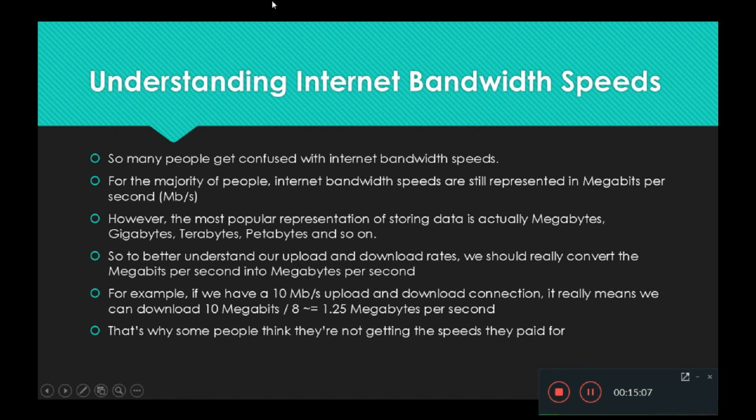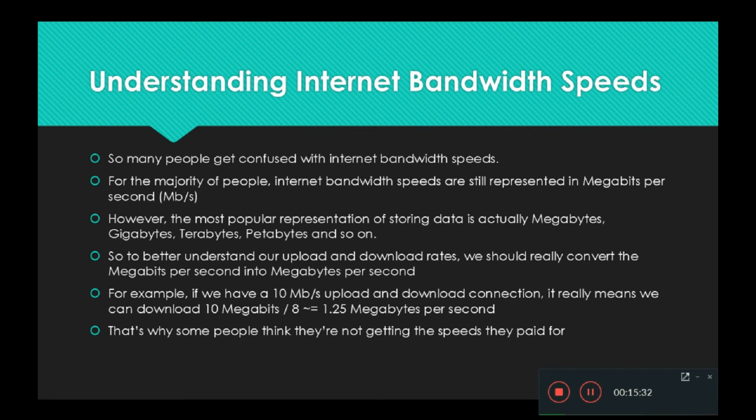So to better understand our upload and download rates, we should really convert the megabits per second into megabytes per second, because megabytes is how we actually store the data on our hard drive. So when we download an MP3, pictures, videos, etc., we actually represent it in megabytes, not megabits. And that's where the problem comes in.